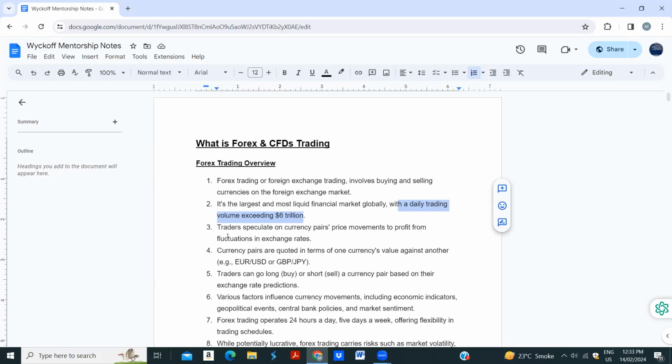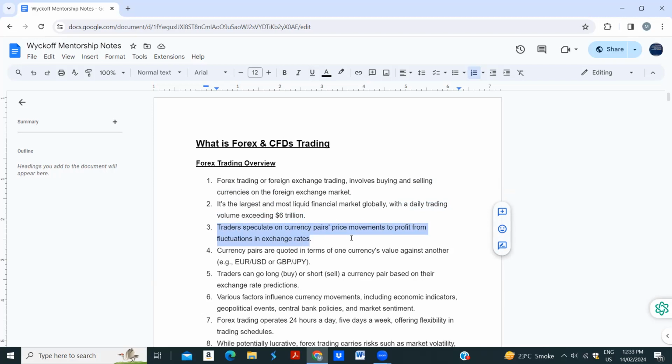So what essentially do we do in Forex trading, okay? While trading the forex market, traders speculate on currency pairs' price movements to profit from fluctuations in exchange rates. This means that when a trader is involved in the forex market, he is either buying or selling. What he aims to achieve is to profit from the fluctuations in the exchange rates.